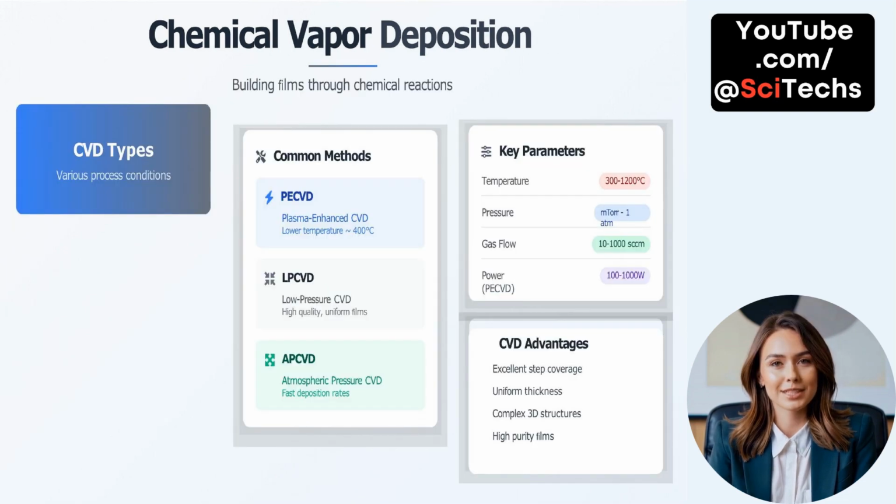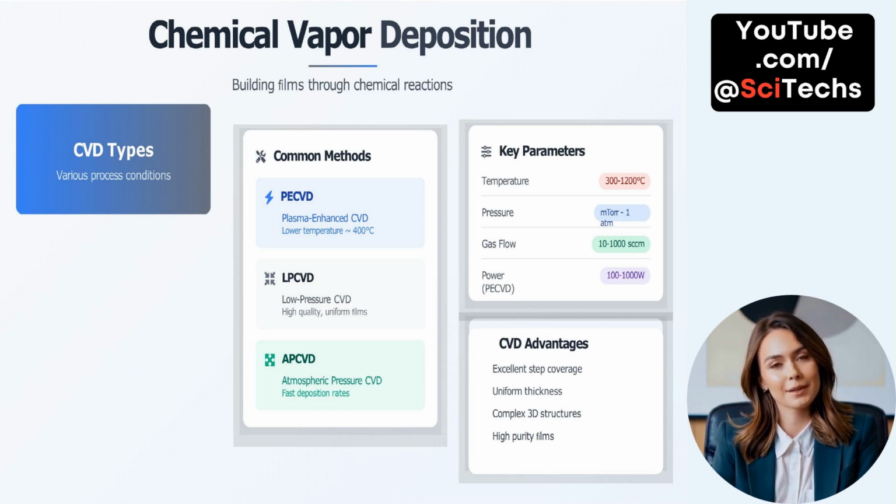CVD types. Chemical vapor deposition can be adapted through different process conditions to meet various manufacturing needs. Three common methods include PECVD, LPCVD, and APCVD. PECVD, or plasma-enhanced CVD, uses plasma to activate chemical reactions at lower temperatures, around 400 degrees Celsius, making it ideal for temperature-sensitive substrates.